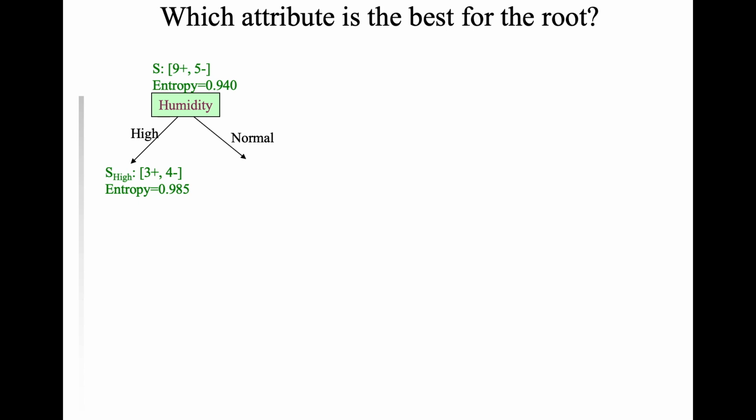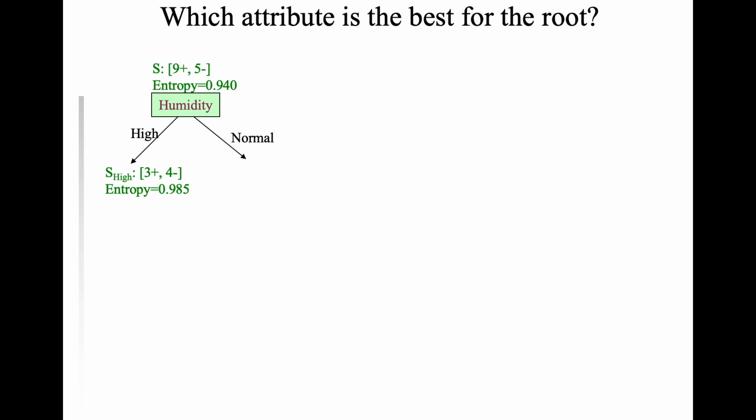Now, in those 7 days, 3 of them belong to class label yes, which means that in 3 of those 7 days, the day was suitable for playing tennis. In 4 of them it was not suitable, so that's it. And again, you calculate the entropy for S high. You use that formula to calculate the entropy.